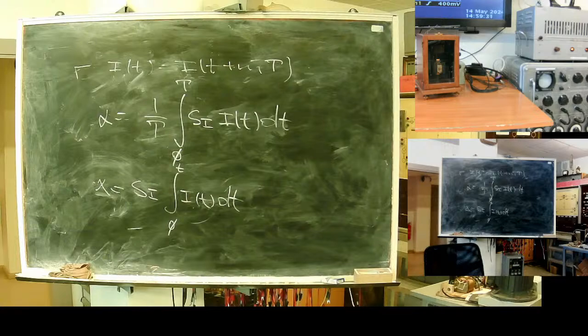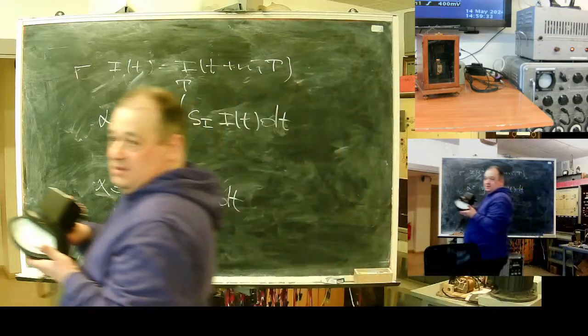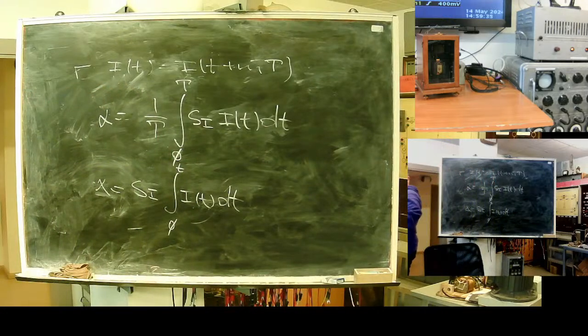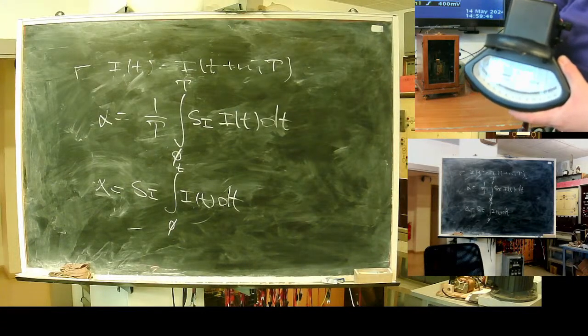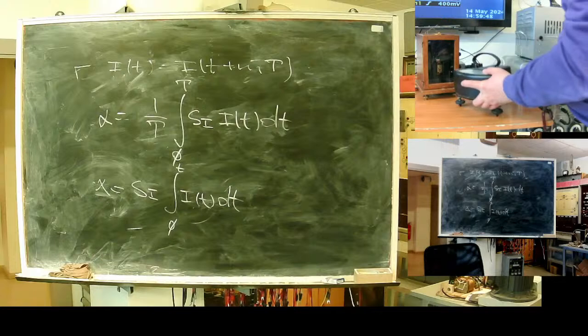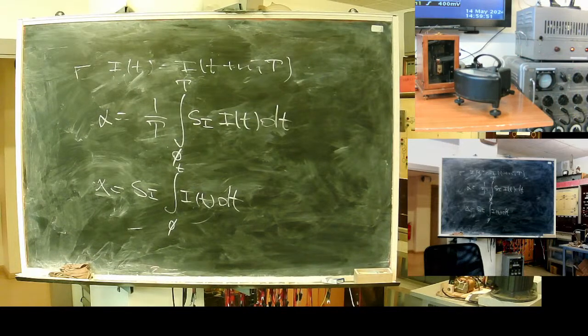Here is the Cambridge flux meter. A moving coil instrument with increased inertia. It comes with a calibrated coil.